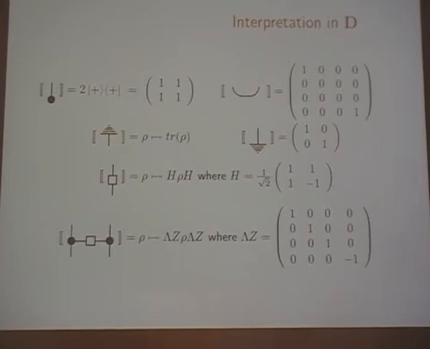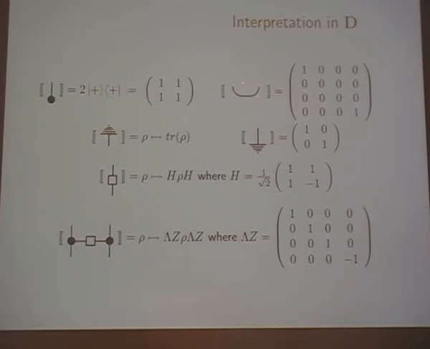Okay, so we have this. What are the interpretations of the compact structures and the classical structures that we have seen before in this category? In fact, everything is working very well. The usual interpretation of this is just the state K plus, so here, since we're working with density matrices, it's the corresponding density matrix.